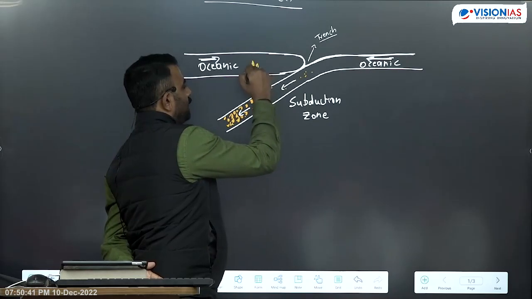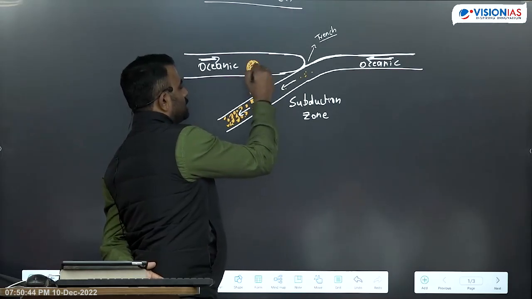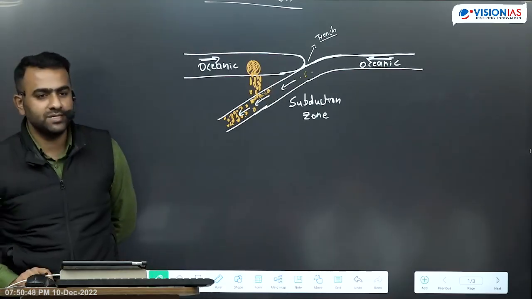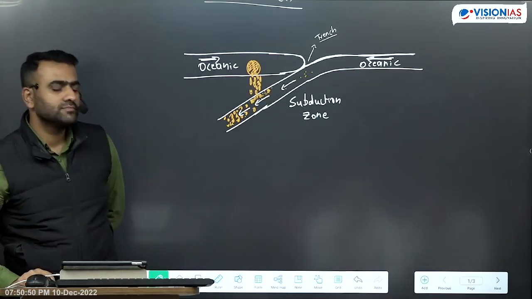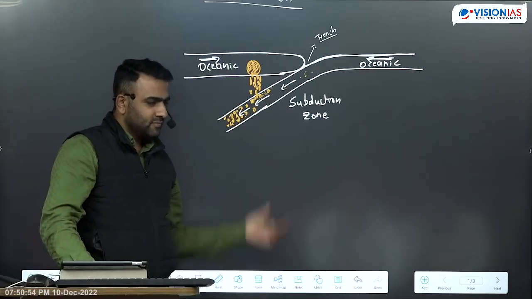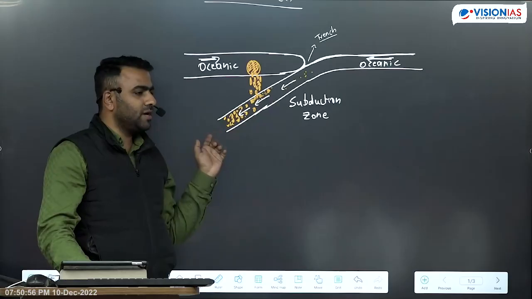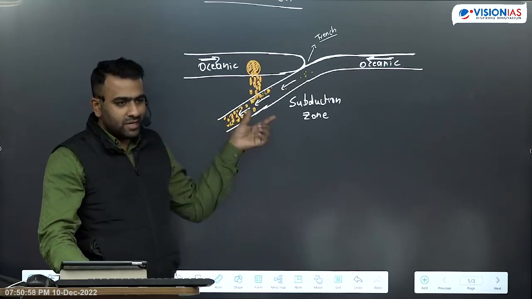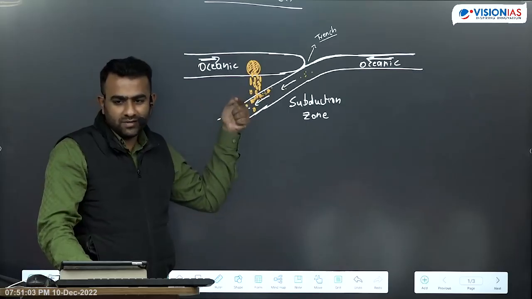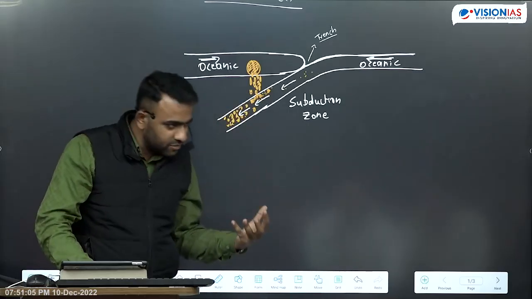This magma being lighter, it rises and accumulates on the other side of the oceanic crust. This melting is called partial melting, because complete melting happens here and further below. Here some of the minerals have a lower melting point, so they will melt faster. As they melt, it results in the generation of magma.